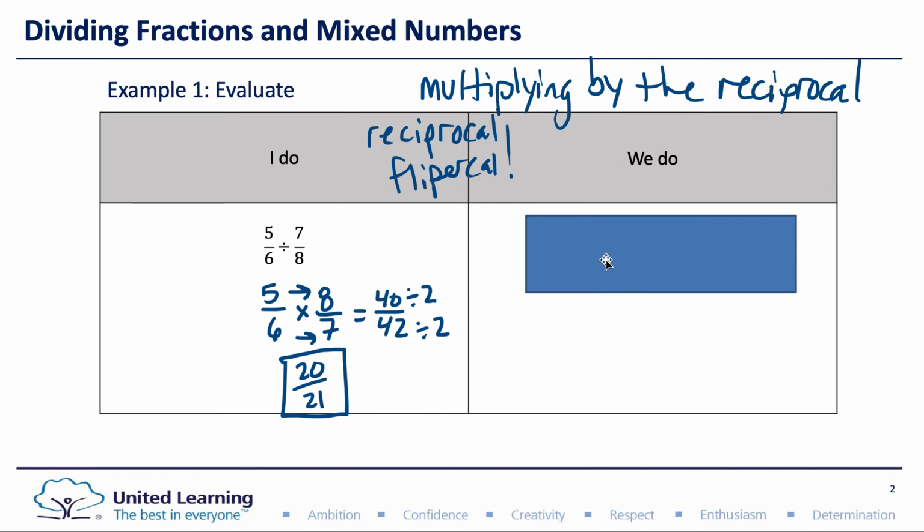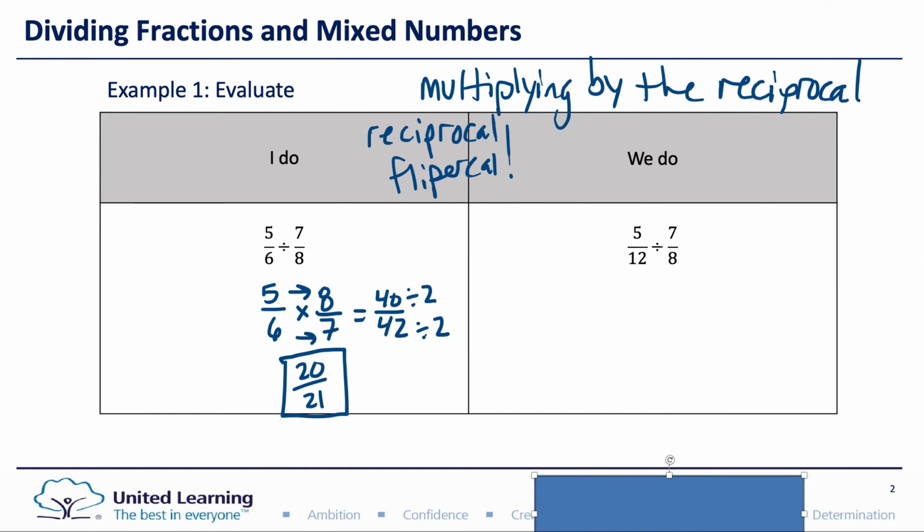Can you please pause the video and attempt this one? Okay, so let's take a look. Hopefully you kept that 5/12, but then you multiplied by 8/7. Again, you multiply across to get 40 over 84.